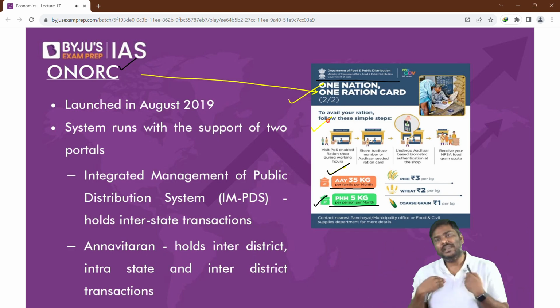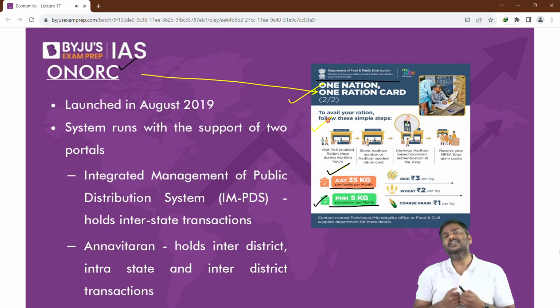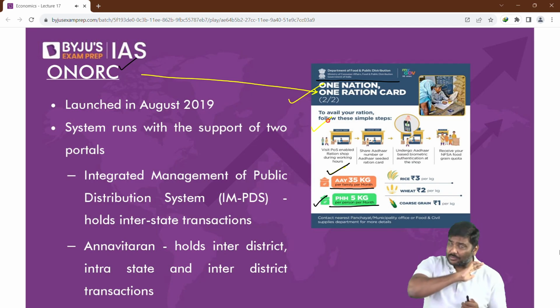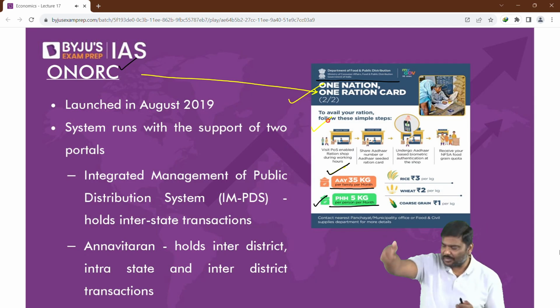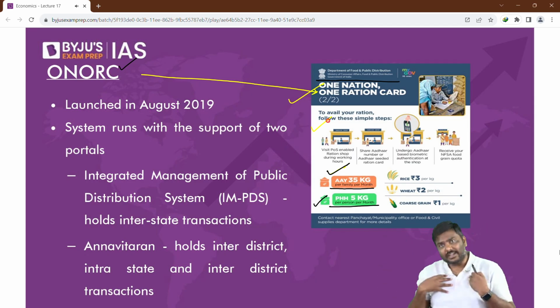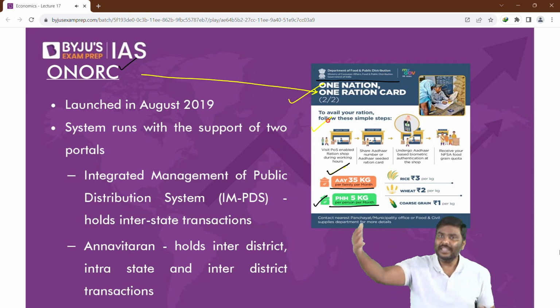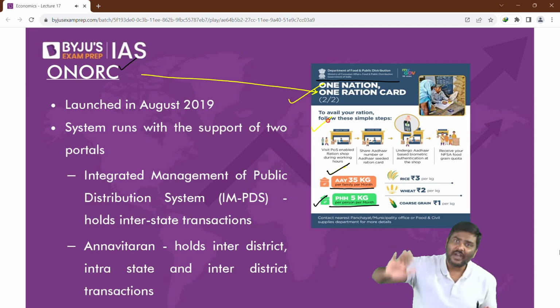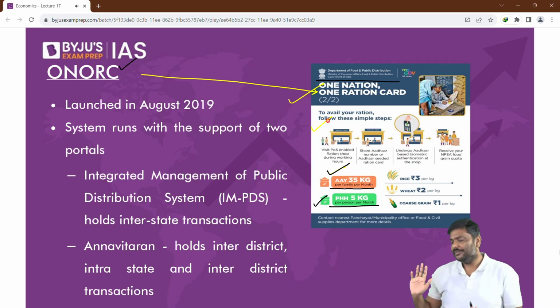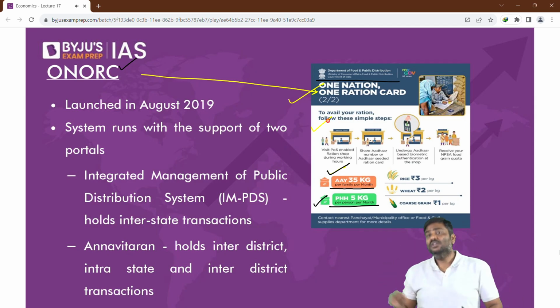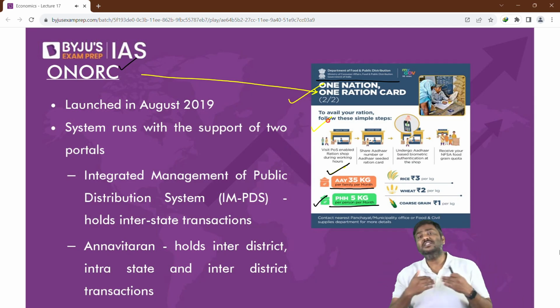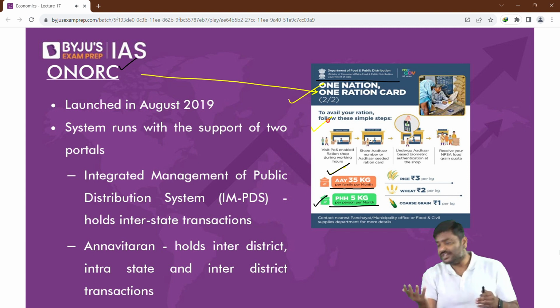Now the system will say I'm a beneficiary. Whether I'm in state 1 or state 2 doesn't matter. The system shows that I'm a beneficiary under the National Food Security Act. So even though I'm not a beneficiary in the second state, I will provide my thumbprint and authenticate myself, so that even in the second state I will get 5 kgs of food grains.